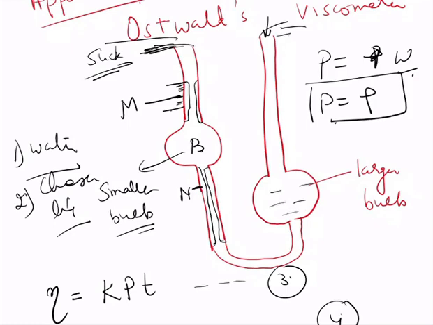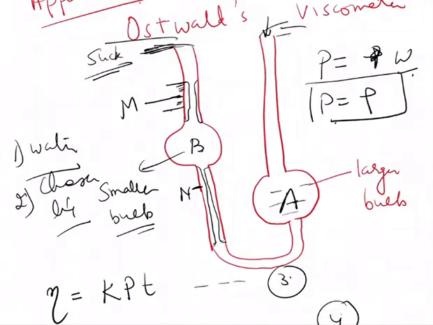These are the two bulbs. You can call them A and B, which are connected through a fine capillary. The bulb A is of bigger size, whereas the bulb B is of smaller size. Then what do we do?